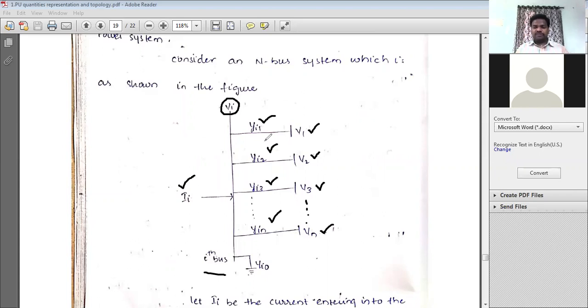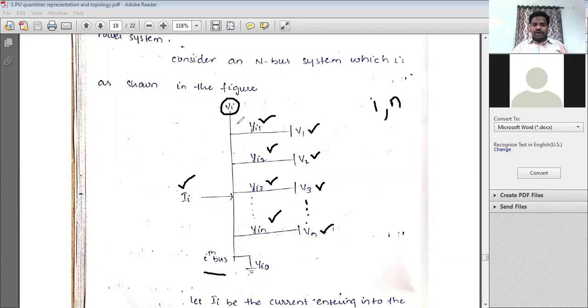Suppose you are considering i equal to 1, then every time you are going to determine the admittance connected between the first bus and the nth bus. I am not giving you the i detail, so let us keep that aside. In this power system, you will have a total of two buses: the first bus is the ith bus, the second bus is the nth bus.